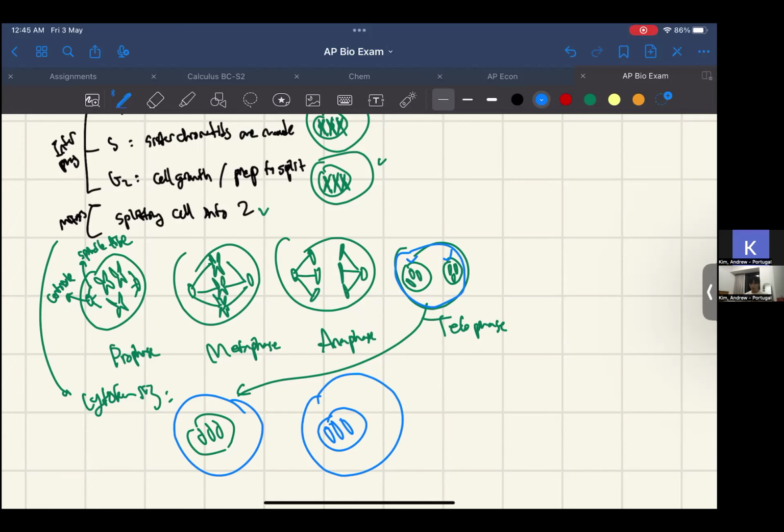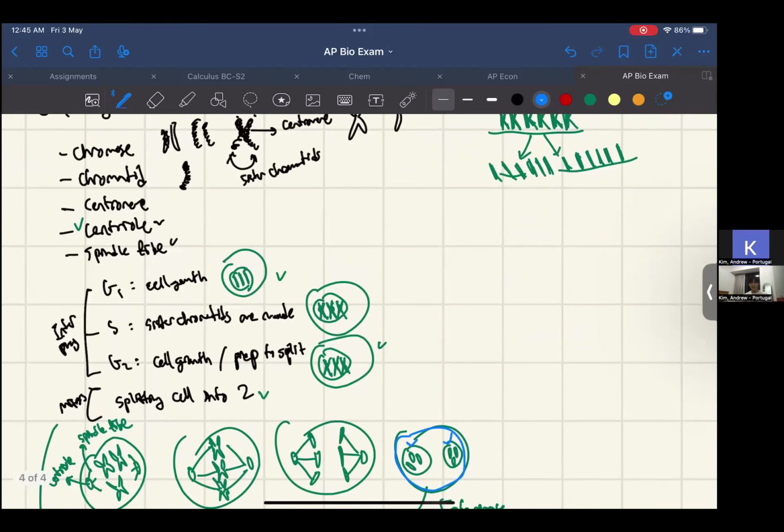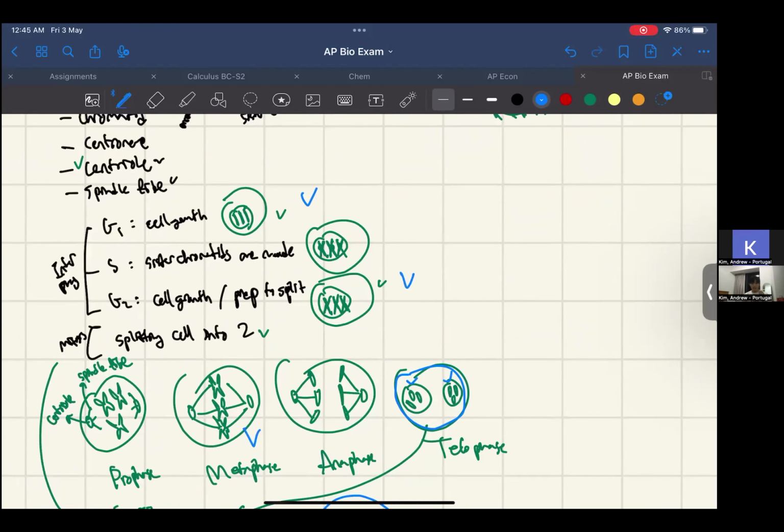Okay? Now, there is a reason why this cell cycle is grouped with cell regulation. It's because in the cell cycle, there are very important cell regulations happening. Now, there will be 3 big regulations, one in G1 phase, one in G2 phase, and last in metaphase. In G1 phase, there is a checkpoint.